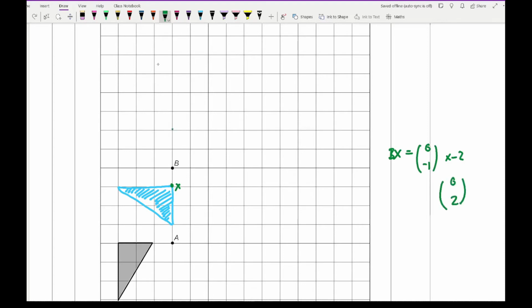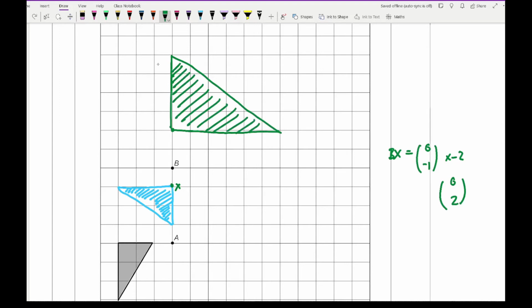So my starting point is going to be here, and then I'm making it twice as big. So it's going to be 4, and it's going to be 6 across. So that's 3. Join those points up. Should have something that looks like that. But again, hopefully yours should be a lot neater. You should be using a ruler.